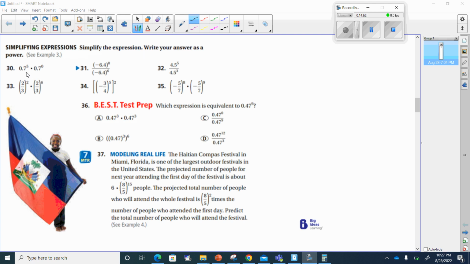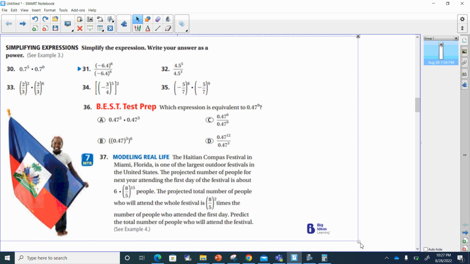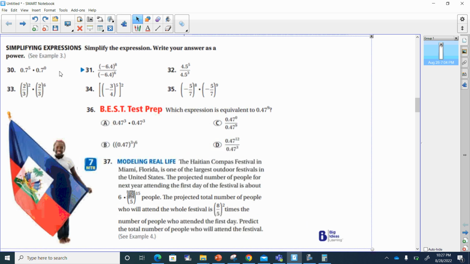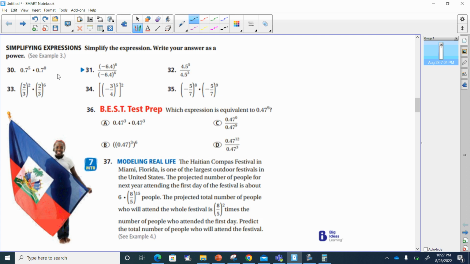Well, I know that I'm allowed to add my powers, right? But I also know anything to the power of 0 is 1. I'm going to click on this and make it a little bigger so I can actually see it better. So since anything to the 0 power is 1, this is going to be 0.7 to the 5th power times 1. That's going to equal 0.7 to the 5th power.